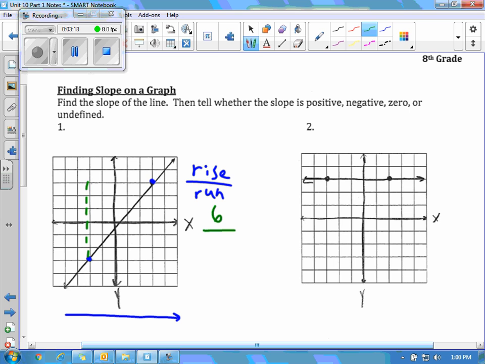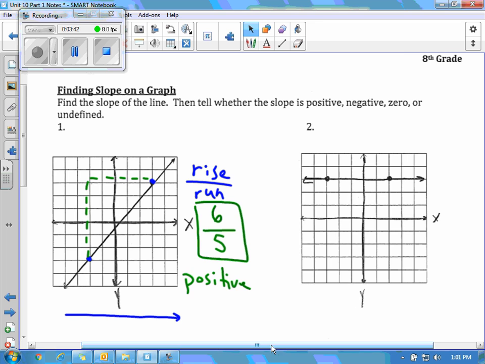I then go over to the right 1, 2, 3, 4, 5. So again, I rise, I go up 6, I run, I go to the right 5, so I get 6 over 5. Then I also need to say that that is a positive slope. As I go from left to right, it's rising, it's increasing, so we call that a positive slope.